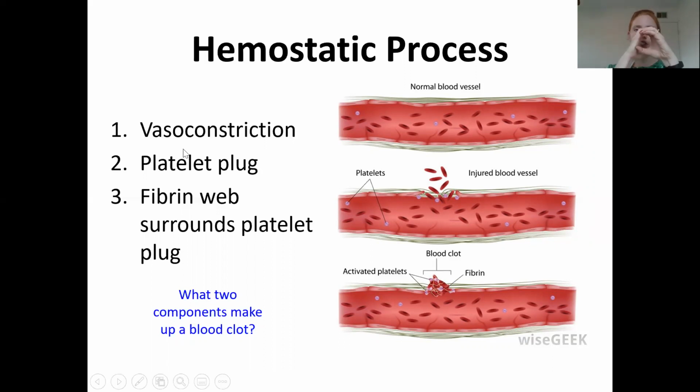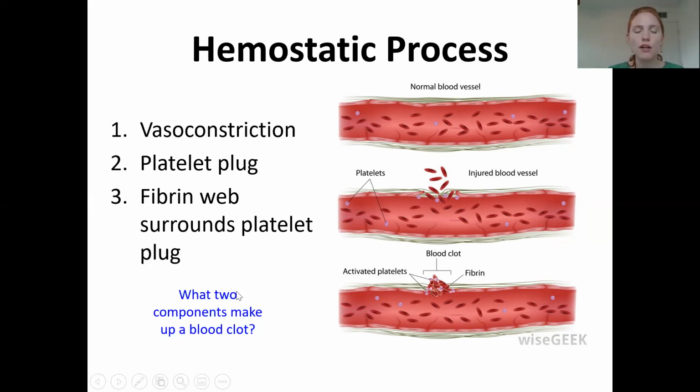After it constricts, the next thing that's going to happen is to create a platelet plug using the platelets. They just glob onto each other to block or plug up the hole. And then that's going to be surrounded with a meshwork. I think of it like a fishnet thrown over it, and that's created from a protein called fibrin, and fibrin is a plasma protein.